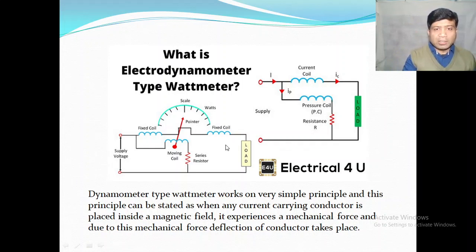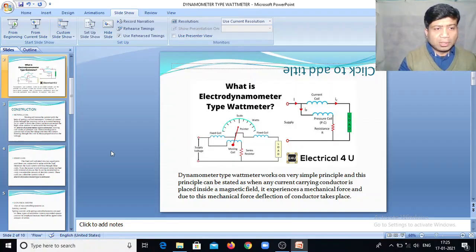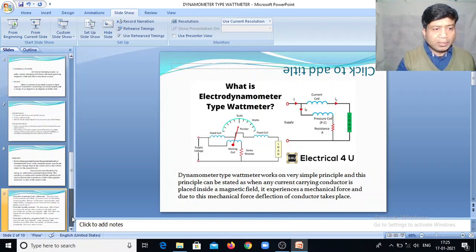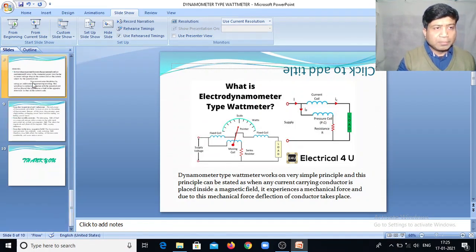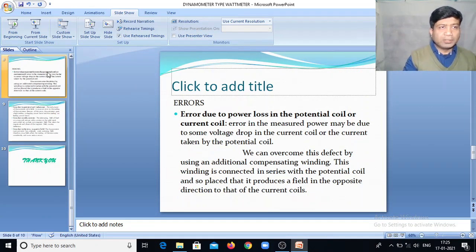So the actual power being measured gets varied because there is an additional voltage drop in the fixed coil and there is an additional current drawn in the moving coil. These two facts account for a serious error in the instrument.